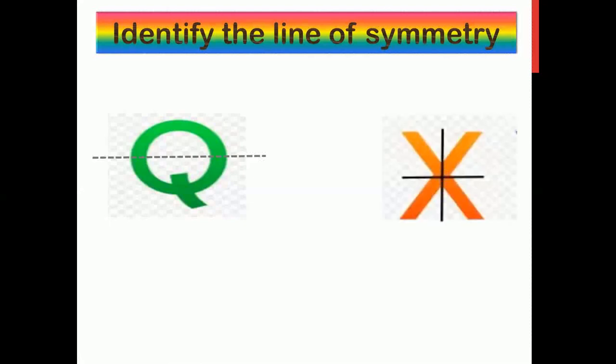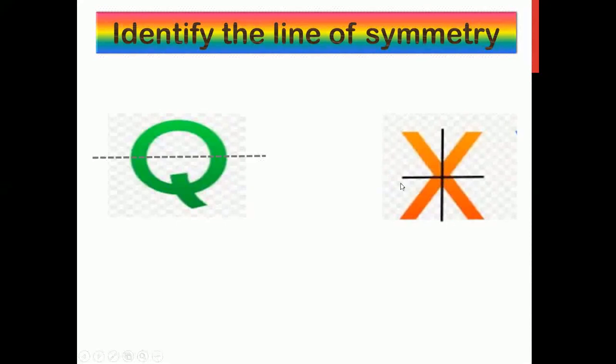Letter X is on our screen now. Here it is divided with a vertical and horizontal straight line. And both the lines are dividing the letter X into equal and identical halves.